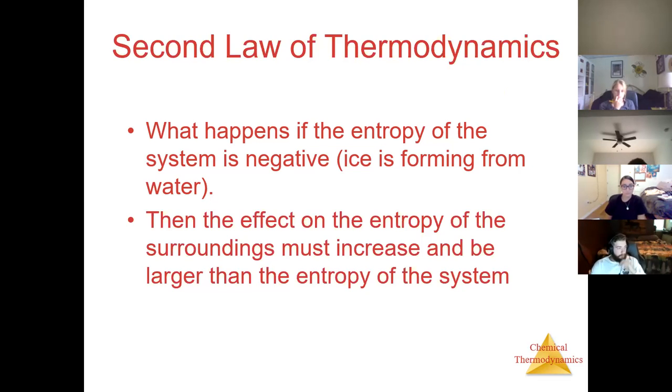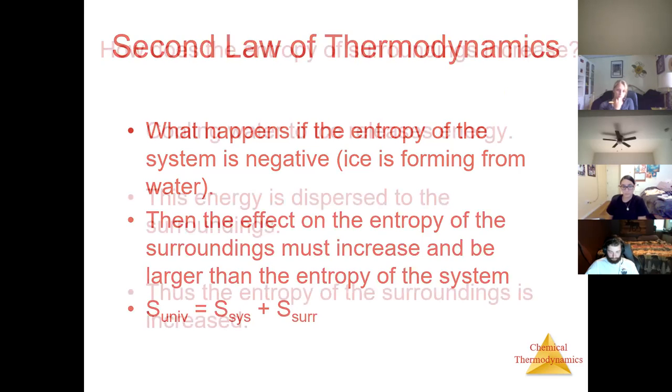Again, if you have a negative entropy of your system, like ice forming from water, the surroundings entropy must increase and be larger than the entropy of the system in order for your delta S universe to be positive and spontaneous.